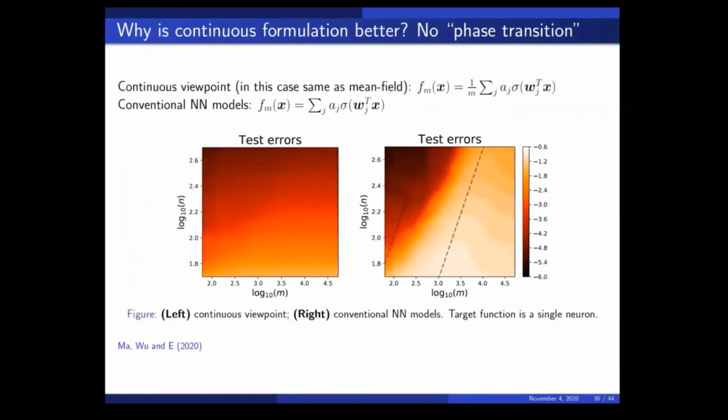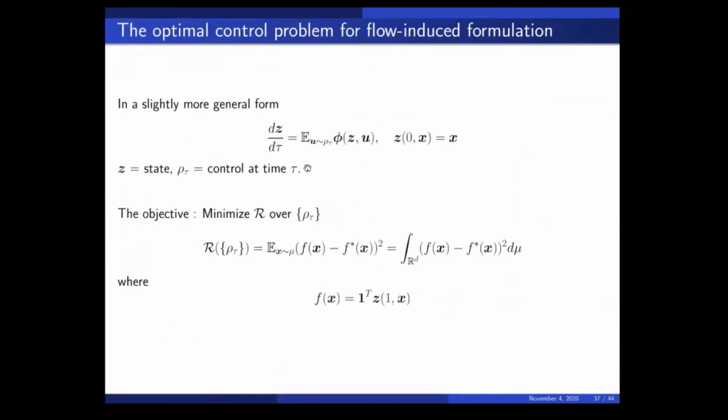So let's look at this problem. Again, it's a dynamical system, and we view rho_tau as the control at time tau. So rho is the probability distribution, and we choose these parameters to minimize the population risk. So this is an optimal control problem.